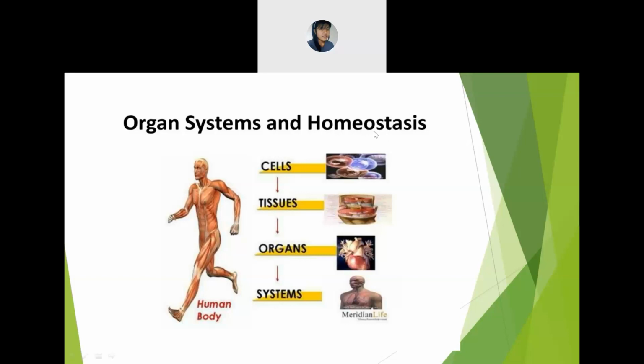Or is this the first time you are hearing it? No, ma'am. Okay. Survival of the fittest means whoever is fit, whoever is healthy, they will survive.